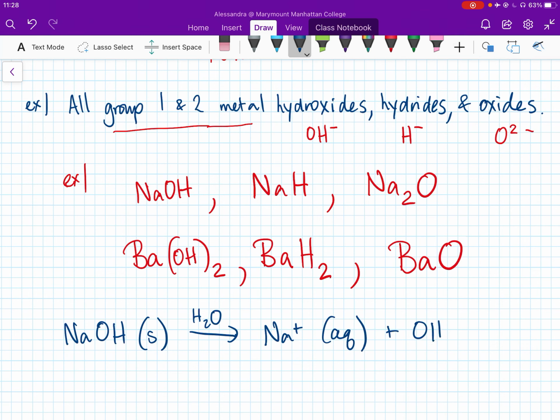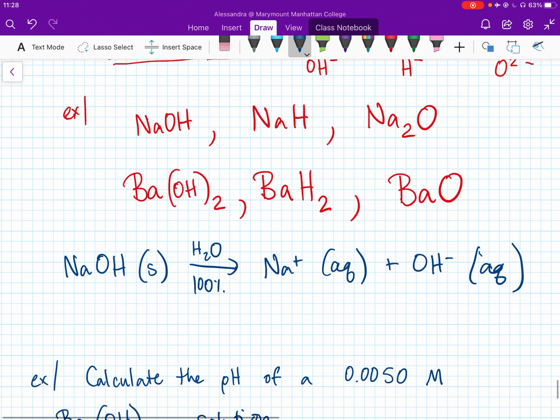So this would be my balanced dissociation reaction for sodium hydroxide. This goes 100% in the forward direction. This means that there's 1 mole of hydroxide that comes out for every 1 mole of sodium hydroxide that dissociates.